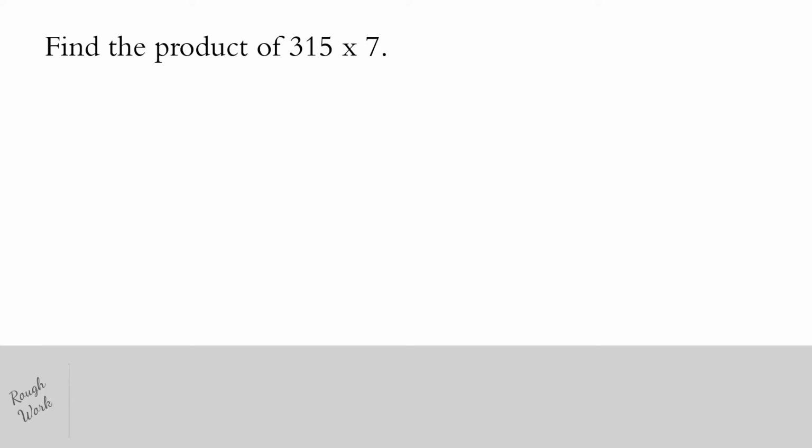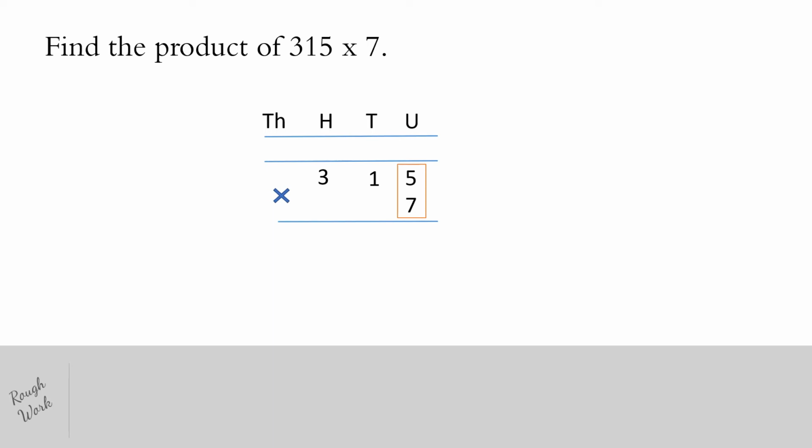So let us start. 315 multiplied by 7. First, we will multiply 5 into 7. So, 7 5s are 35. We will write 5 at the unit place and carry over 3 at the tens place.